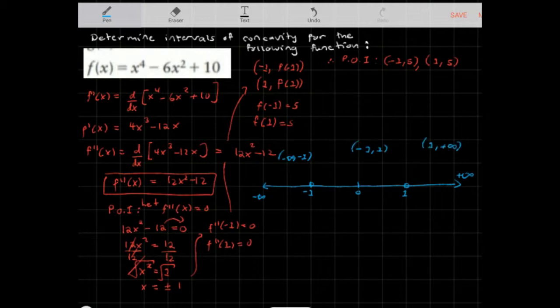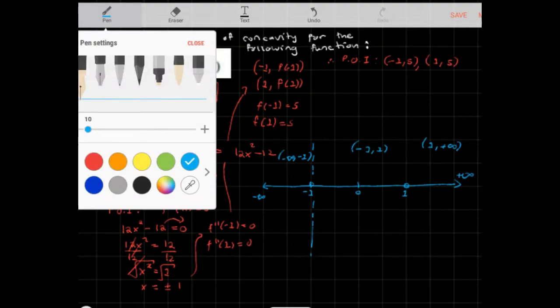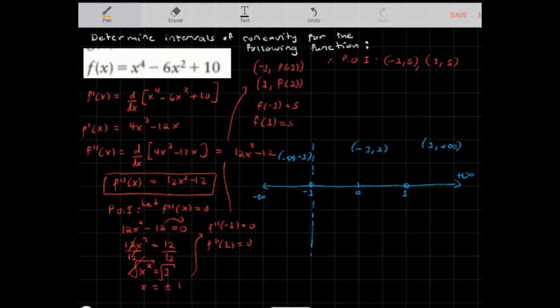Okay, so let's test each of these intervals. Let's start with the interval between negative infinity and negative 1, and I'm going to use a different color so we can differentiate. I'm going to let x equal negative 2. So let's do f double prime of negative 2, and you're plugging this into your second derivative function, not your original function.